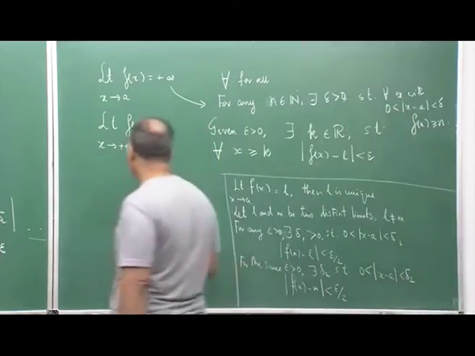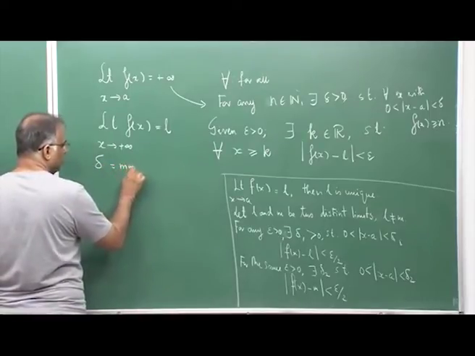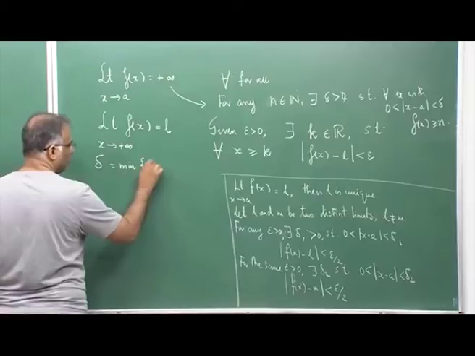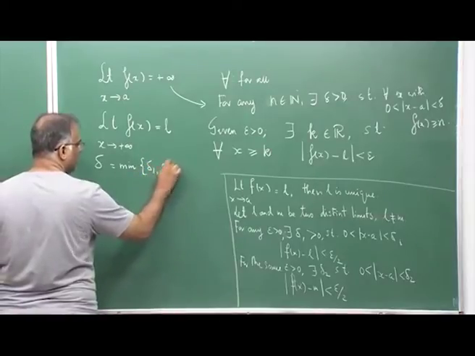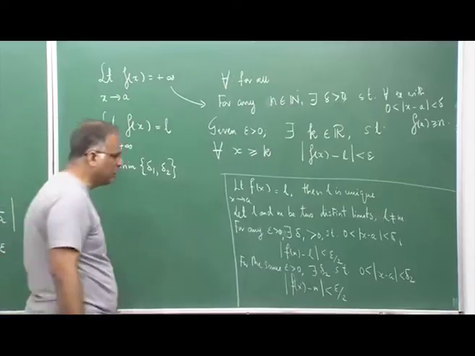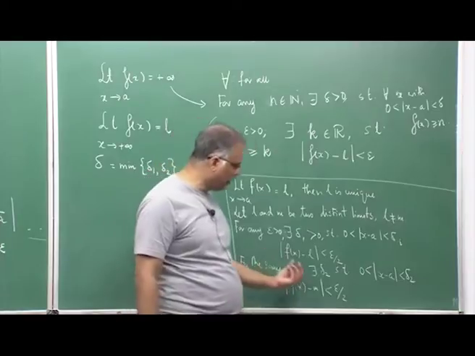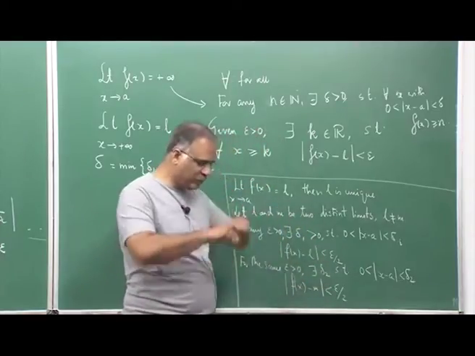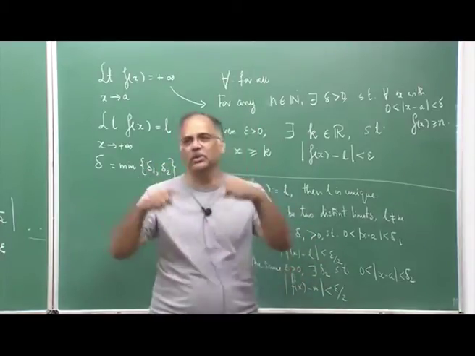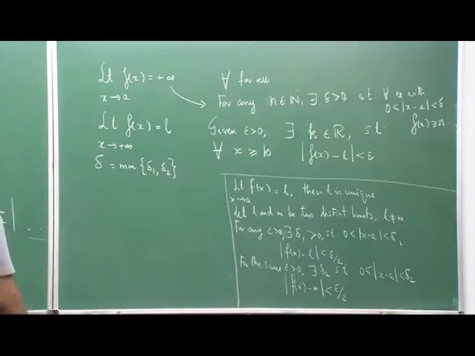So, you can choose a delta which is the minimum of delta 1 and delta 2, less than both. Then the x that you choose is both within the delta 2 neighborhood and within the delta 1 neighborhood. So, both definitions would work.